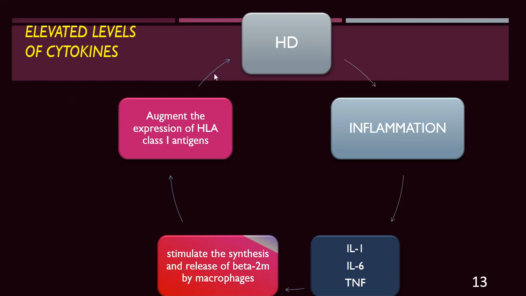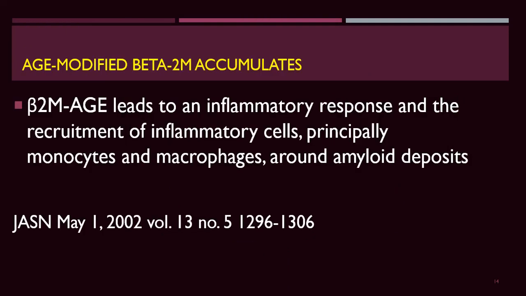So there is retention from bad excretion, as well as increased synthesis from inflammation. While inflammation itself can increase the production and the deposition as well. So inflammation induces the production, increases the deposition, and increases the pain in the patients.